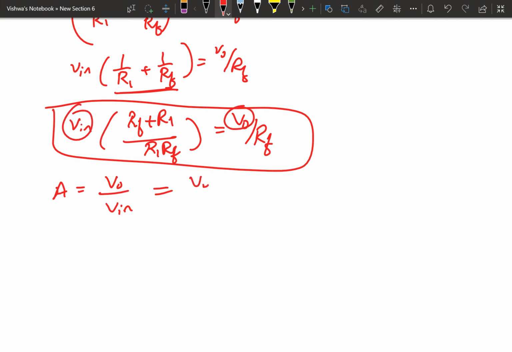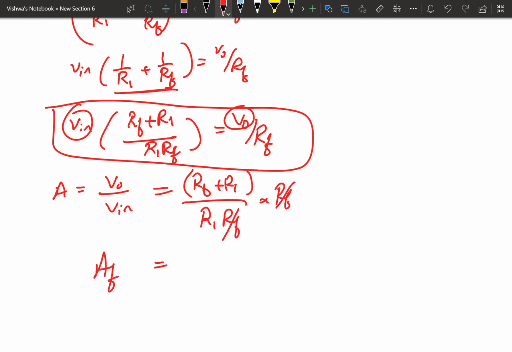So V out by V in is equal to (RF plus R1) divided by R1 RF, multiplied by RF. These two RF get cancelled. The remaining is the gain, which I will write as AF, the feedback gain: (RF plus R1) divided by R1.